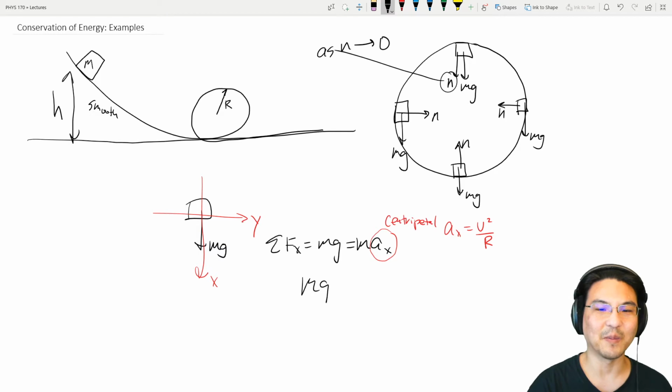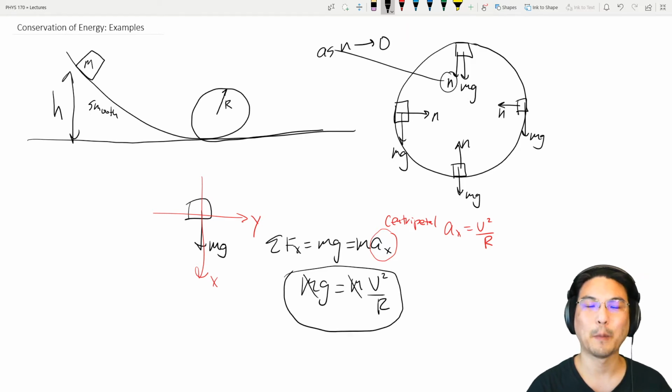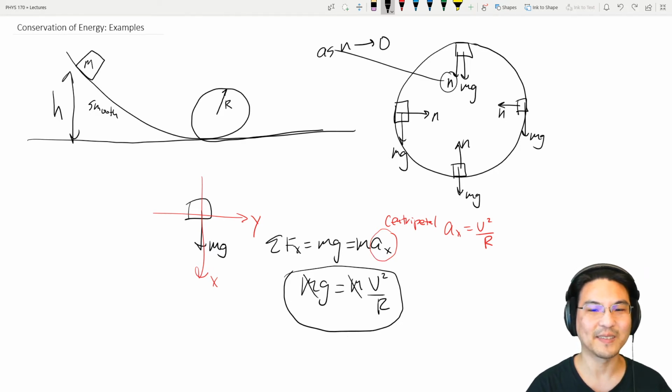So then we have mg equals mv squared over r. This mass cancels, so we have this constraint: it has to be going this fast to not fall off of the loop-de-loop. Okay, so let's keep that in mind. It has to be going that fast.